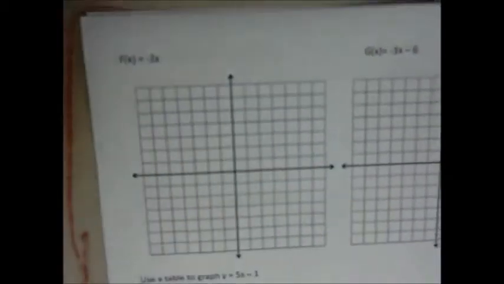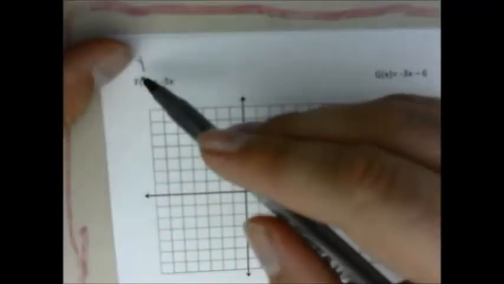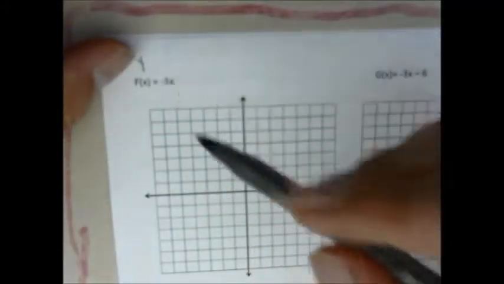Okay? For example, we have f of x equals -3x. Well, f of x, remember, is our y. Okay, so f of x is just telling you it's a function. It's technically our y. Now remember, y equals mx plus b.